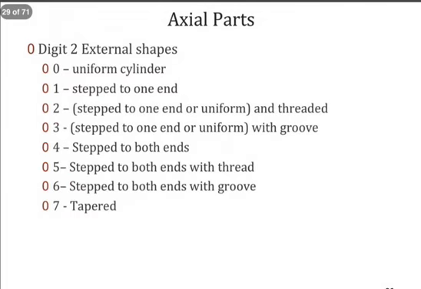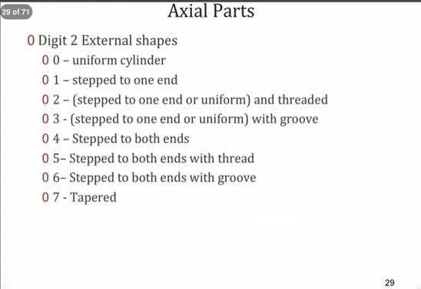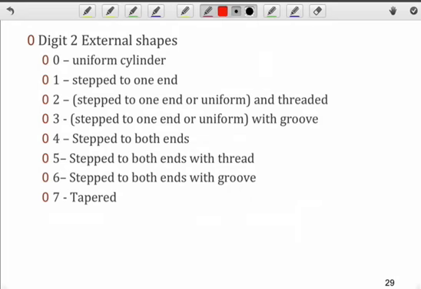For axial parts, if you look at the second digit, then we're looking at the external shape. What does it look like from the outside? And so from the outside, what we might see is just, oh, it's a uniform cylinder, the entire length of the part. Now we might have other part features, holes and gears and so forth, but we're talking about this external shape.